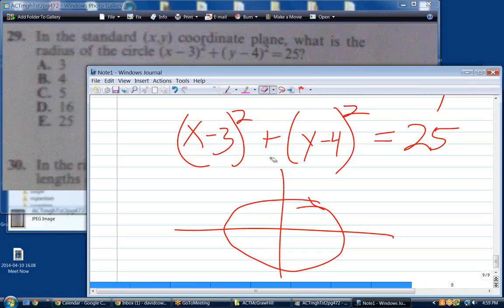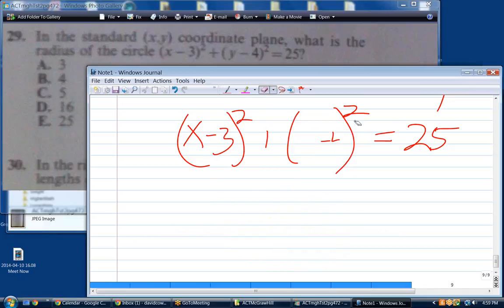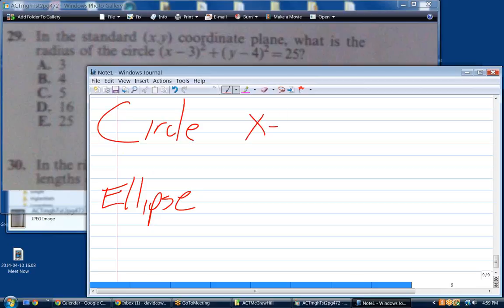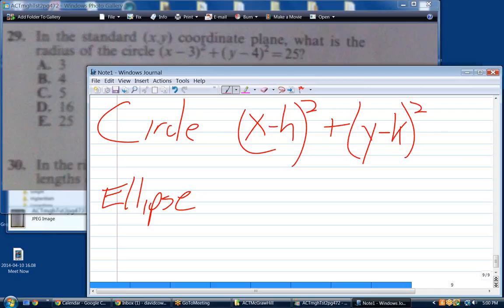And real quickly, give me the equation of an ellipse. It's similar. It's not totally different. It's actually quite similar.